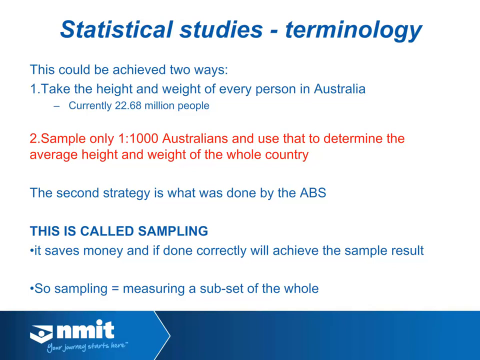And really, this method that we call sampling is what statistics is all about. Very, very rarely can we measure every single individual in a population. Instead, we have to sample a population and get a subset. And then we use statistics to work out how good that subset is in gauging the overall picture of the population.